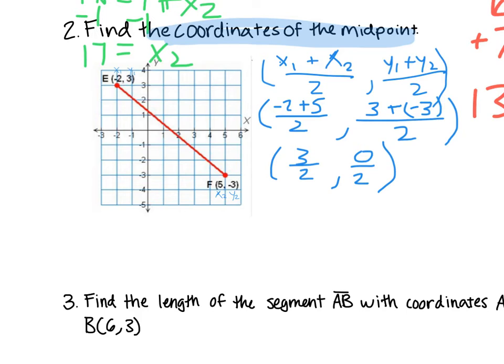So what's 3 over 2? 1.5. You can leave it as 3 over 2 on the test. I don't care. Or it's 1.5. What is 0 divided by 2? 0.